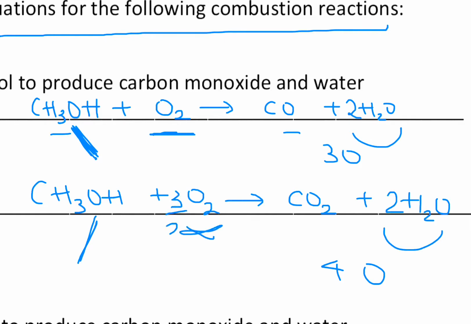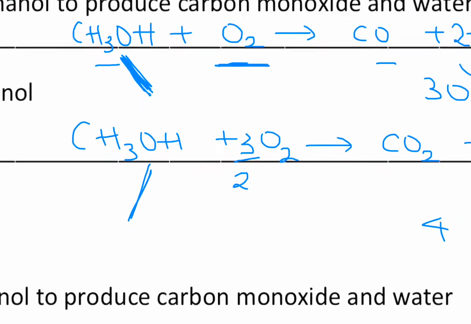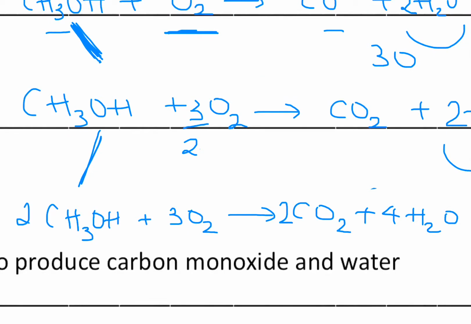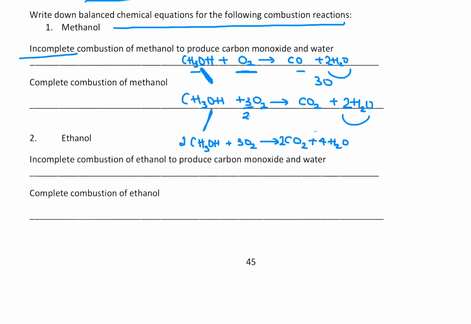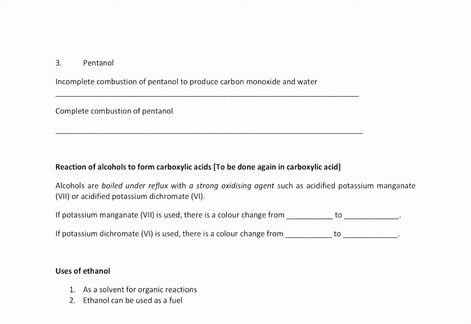So 3/2. Now you could double up everything, it would still give you the same thing. So you could have this as well. So you're going to write down the incomplete and complete combustion of ethanol and of pentanol.